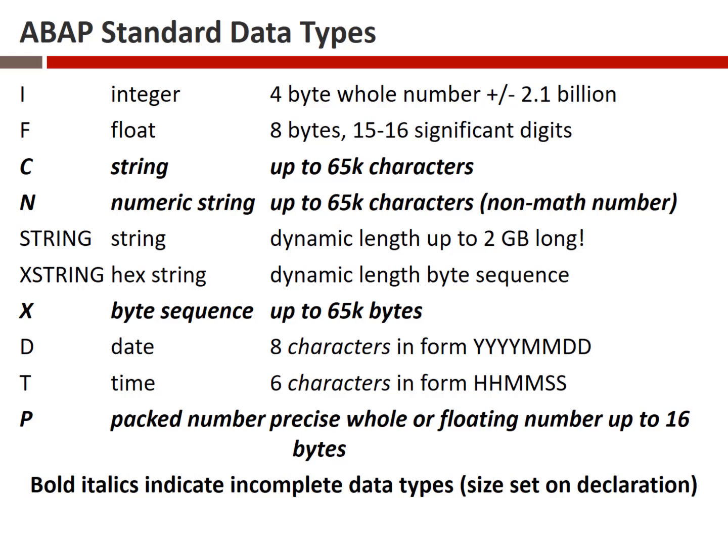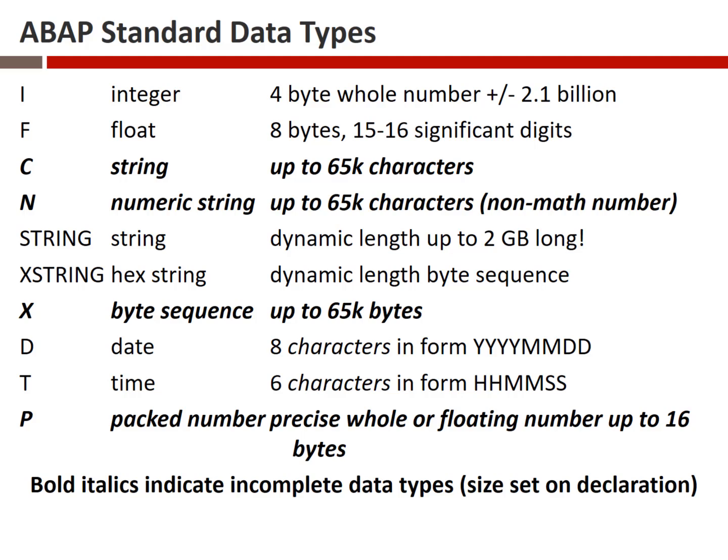Now you'll notice this is an incomplete type. As we're going to establish in a moment here, most of our incomplete types are pretty straightforward. For C, if I want a C data type, I just have to tell it how many characters I plan to store. For the X data type or the N data type, same thing.